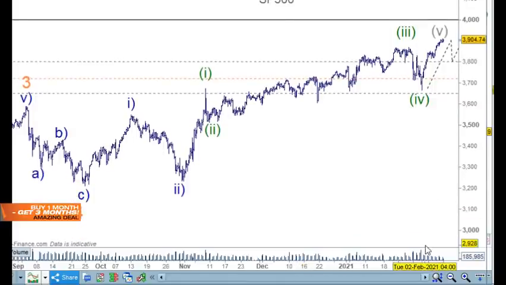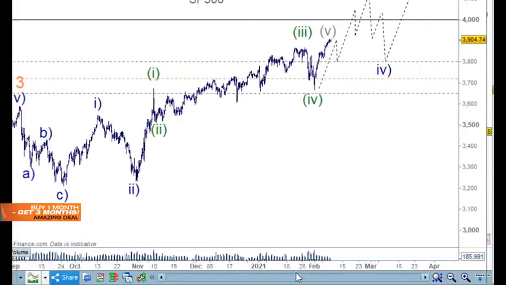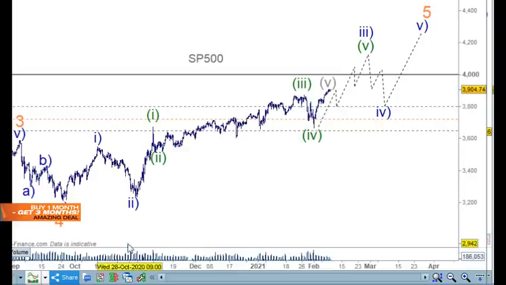So this is the S&P here, but just with a bit more detail. So in this case here, having wave 3 here with wave 4 here, and then looking at this as wave 1 and 2, like on the NASDAQ, then 1 and 2 here, and all of this, the 3rd wave here with a 4th wave here, and now we're going up for the 5th wave.